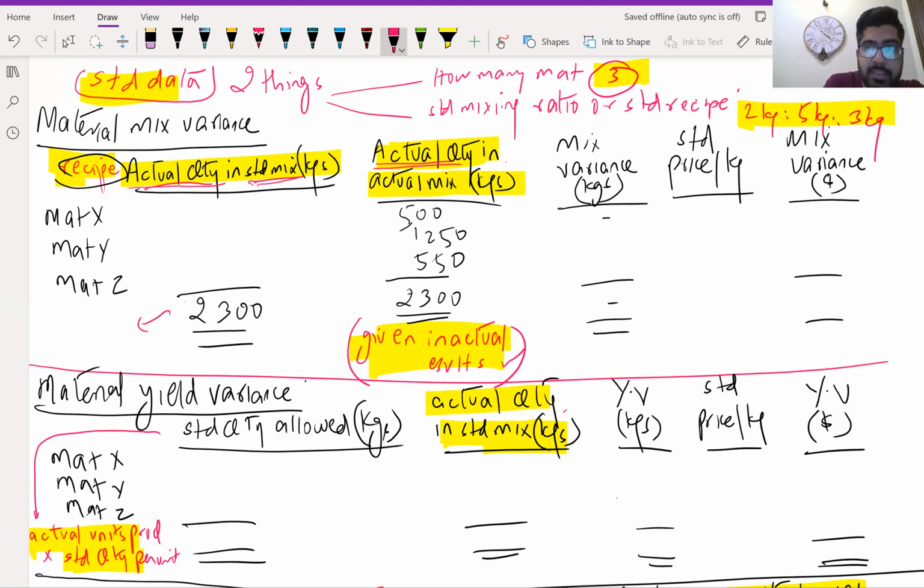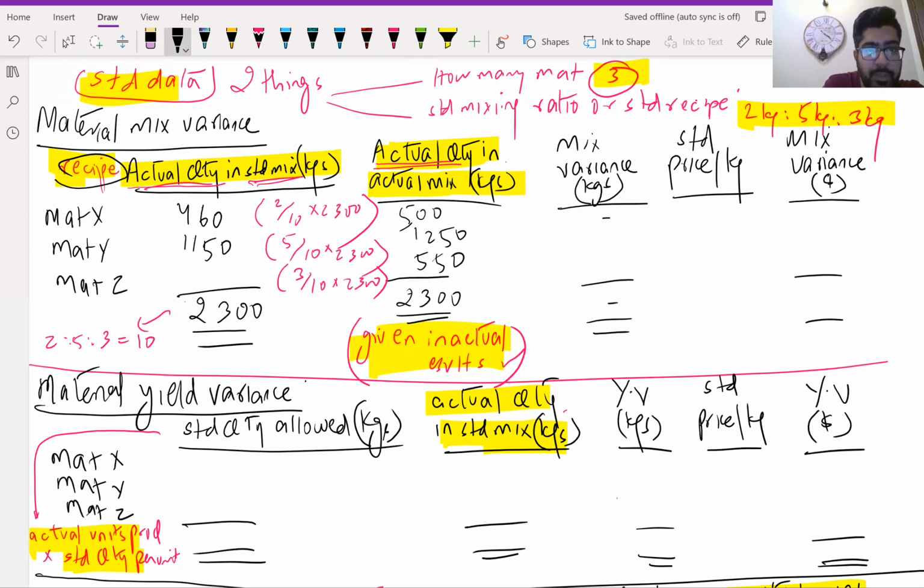The standard mix is 2, 5, 3, and the sum is 10. So for X, it's 2 over 10 into 2300; for Y, it's 5 over 10 into 2300; for Z, 3 over 10 into 2300. This makes it 460, 1150, and 690.